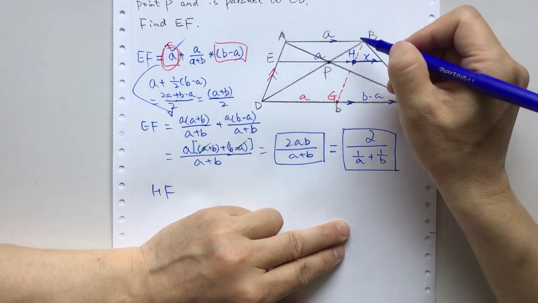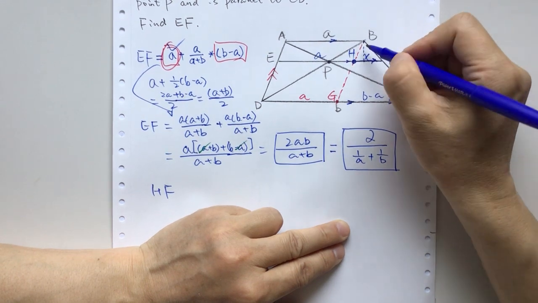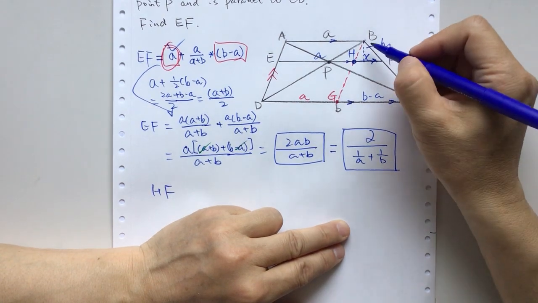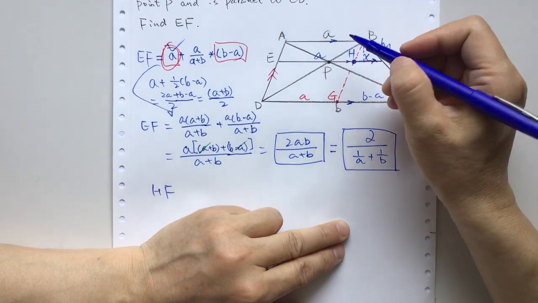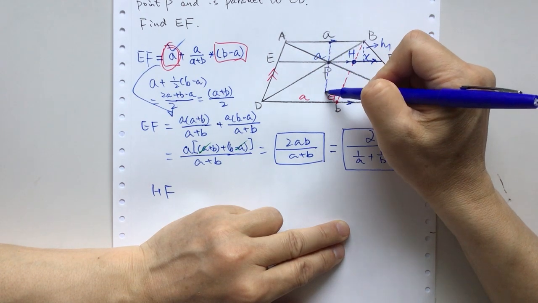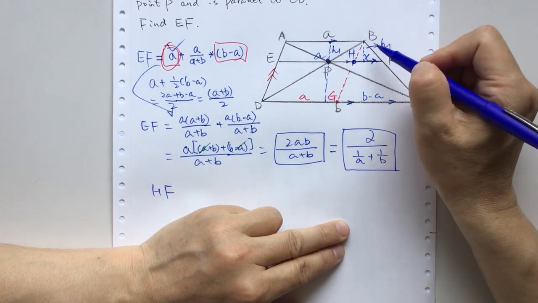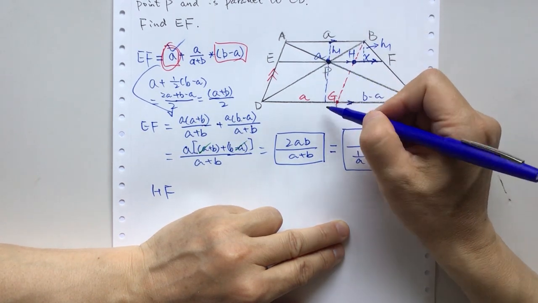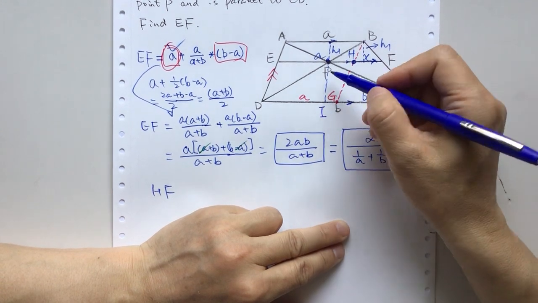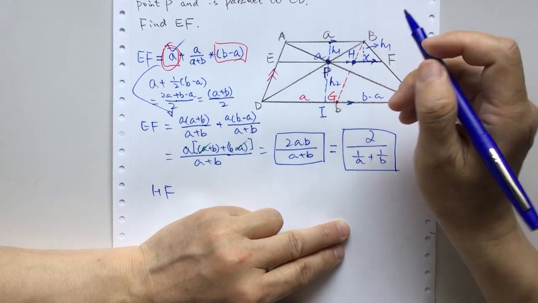We can convert to the height of this triangle. Let's say it's H1. And the total height from the top to the bottom, I say P to the base, if I say this part is H2.